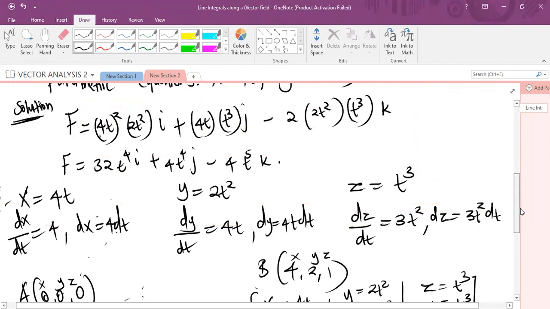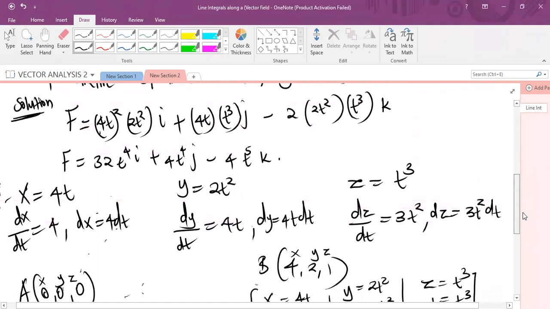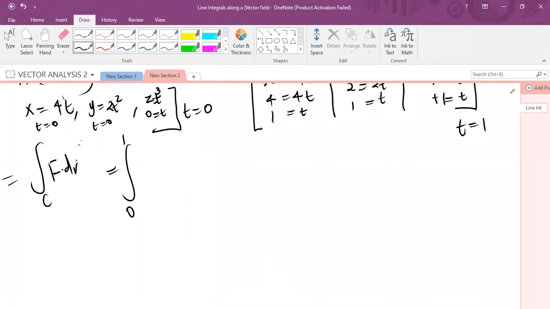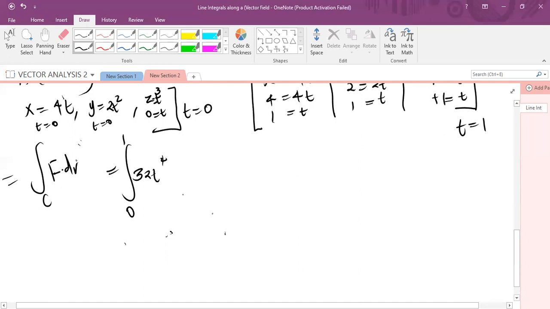So f written in terms of the new variable, we got it to be equal to 32 t raised to power 4 i plus 4t raised to power 4 j, and then minus 4t raised to power 5 k. That was the value of our f.